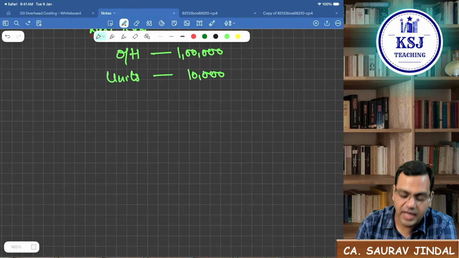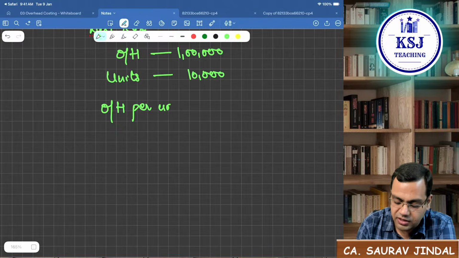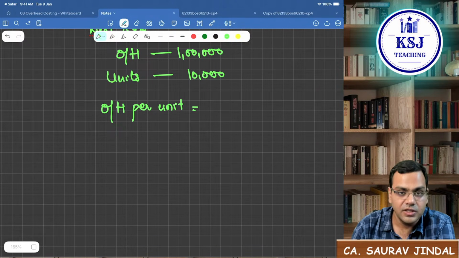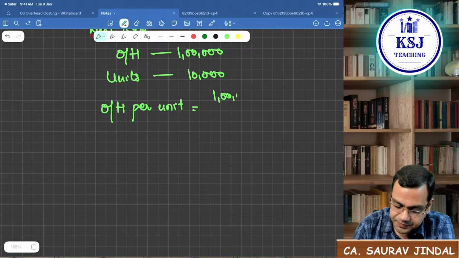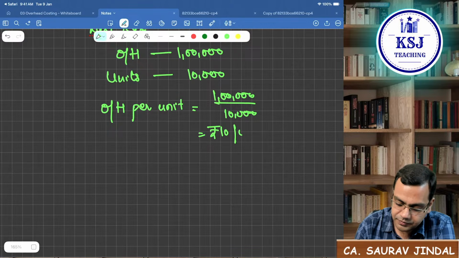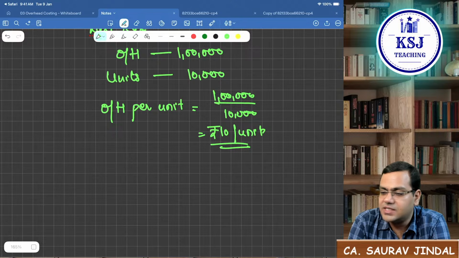So if I want to calculate my overheads per unit, that for manufacturing of every 1 unit, what are the overheads that I have incurred? I can say 1 lakh divided by 10,000, that is rupees 10 per unit, right?